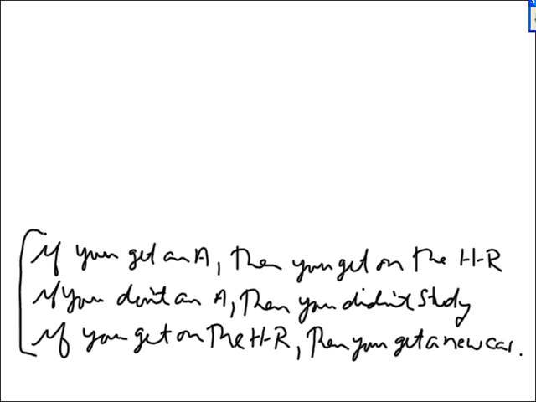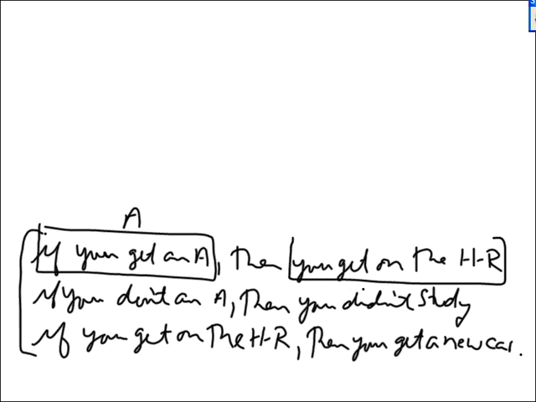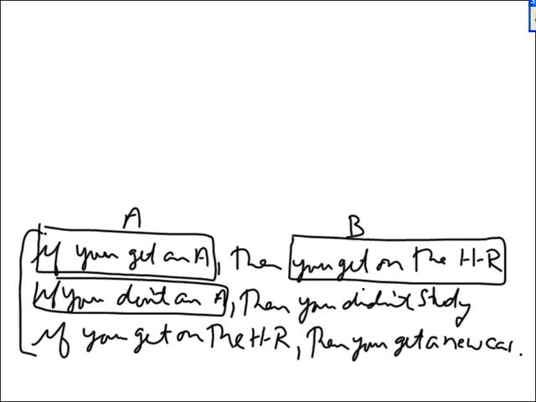So what I would do is look at things that don't have negation. If you get an A, I'll call that A. Then you do get on the honor roll. That's not a negation, I'll call that B. The next statement says if you don't get an A. Well, I know what that is.